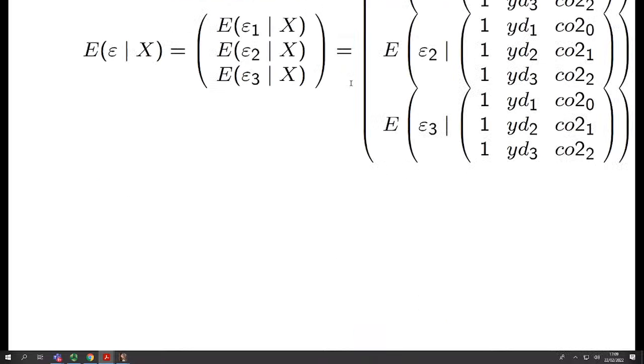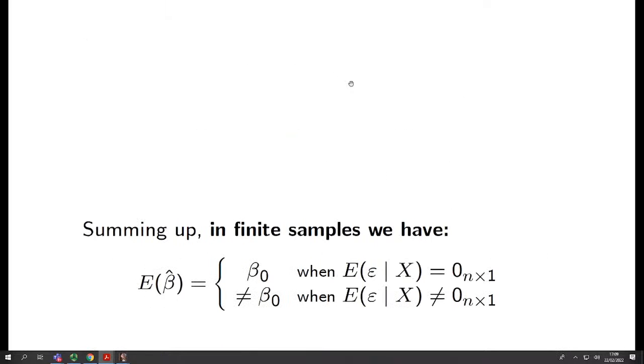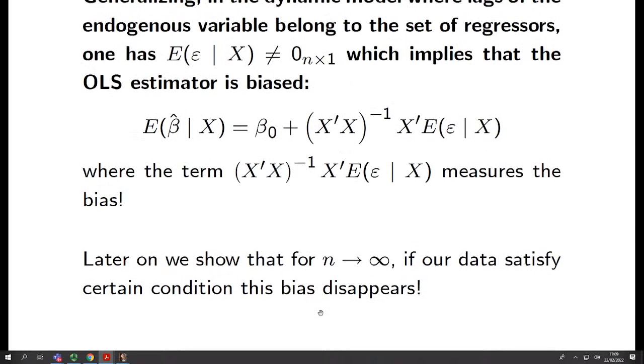Why? Because in that situation, we can prove that if we send n to infinity, if we have a large sample, something happens to this term here. So in finite samples, if you treat n as finite, you have a bias. But if you can send n to infinity, I will show you that the bias disappears.